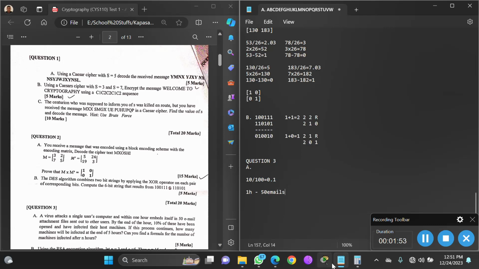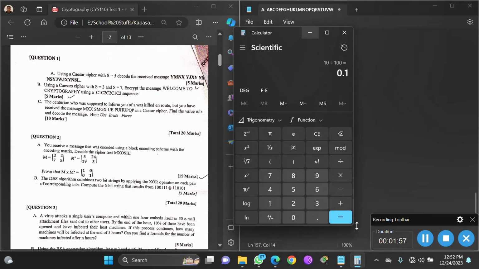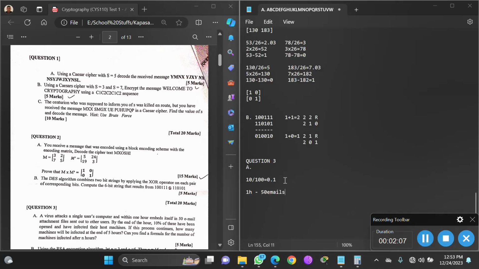So if you multiply that 50 by 0.1, you get 5. So basically it means 10% of the 50 emails which were opened should be equal to 5 emails, because as you can see, 50 times 0.1, that's where we are getting the 5.